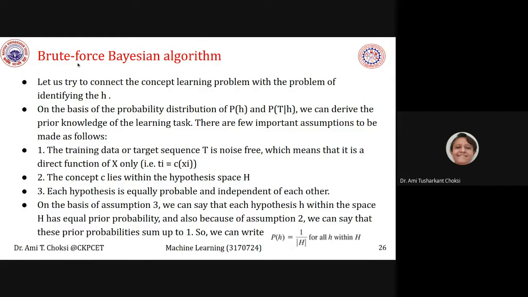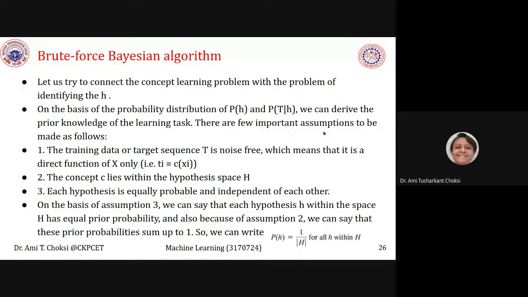We are learning the brute force Bayesian algorithm. Okay. So let us try to connect the concept learning problem with the problem of identifying the hypothesis. On the basis of the probability distribution of P of H and P of T by H, we can derive the prior knowledge of the learning task.